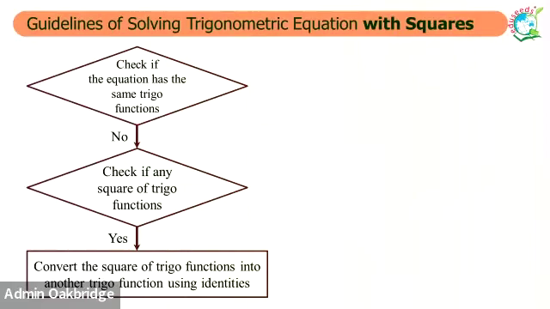So I check the identity here. Okay, so the identity will be, we have three trigo identities.